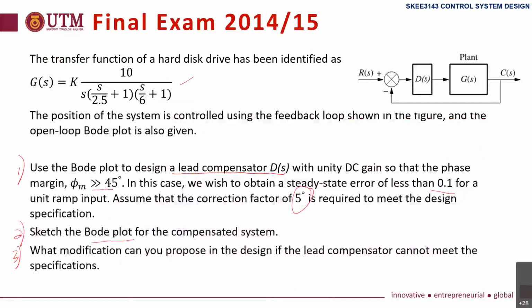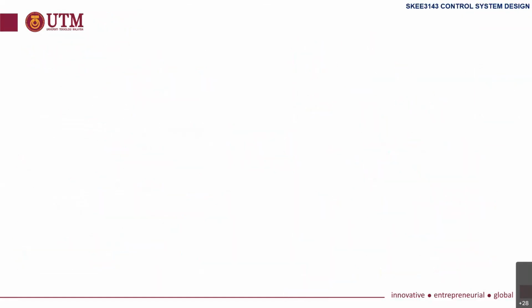We want to design for a phase margin of 45 degrees. Desired phase margin, 45 degrees. Actually, we want at least 45 degrees.